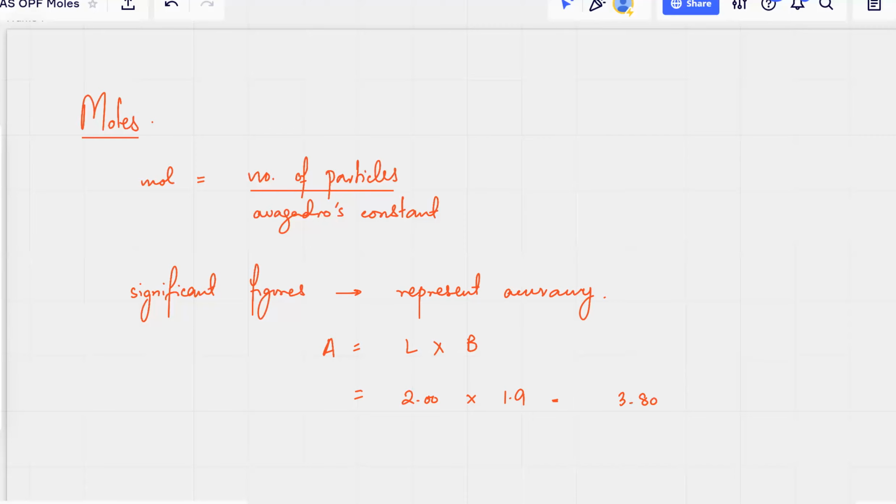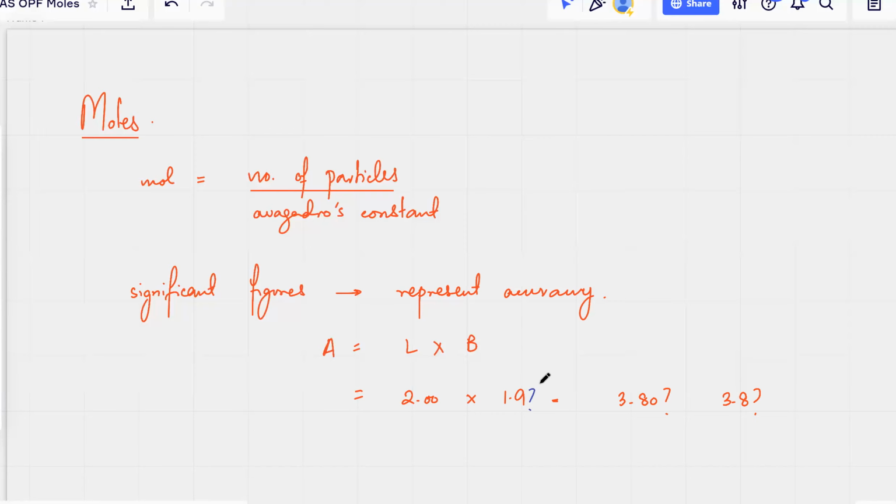So now the question is, would you write 3.80 or would you write 3.8? 3.8. Okay, so the rule was, one of the values is less accurate because you don't know what comes at this position. That's a question mark.